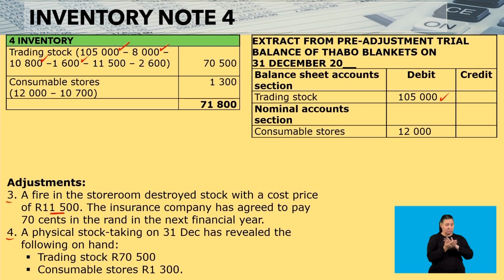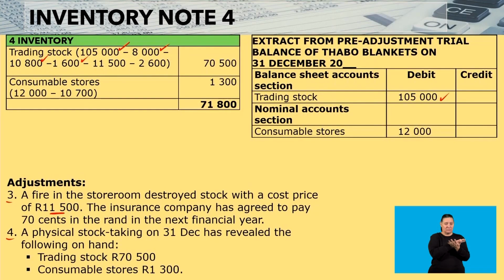So when fire destroys stock, the total cost of the stock destroyed must be subtracted. So we know that the entire stock destroyed was for 11,500. So I'll come and subtract that 11,500. Even though the insurance company has agreed to pay 70 cents in the rand, so we will receive 70 cents in the rand, the 30 cents in the rand becomes our loss.